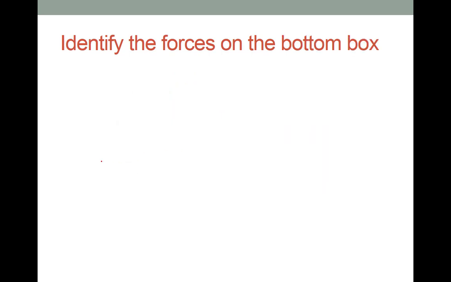Okay, so let's take another example, where often students want a force on the bottom box that isn't there. Let's draw the free body diagram for the bottom box. And we have the weight.